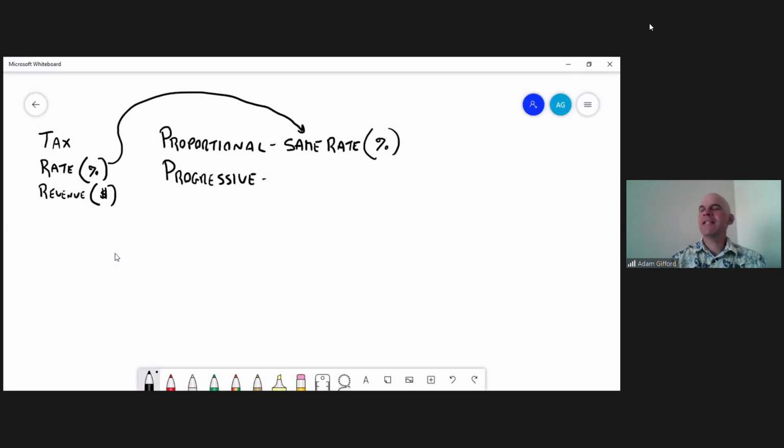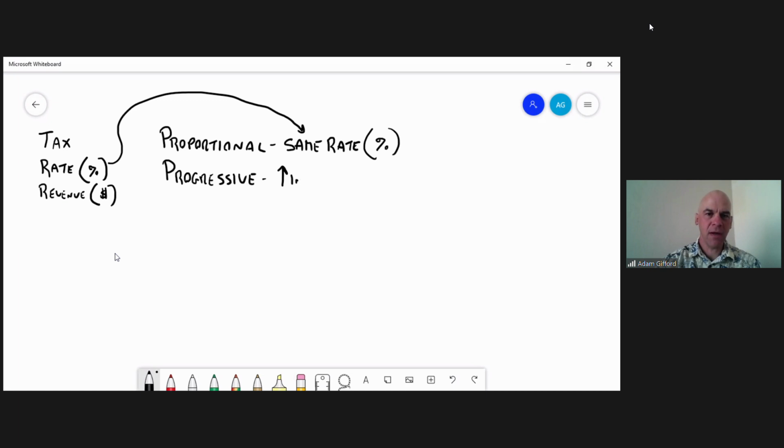Who remembers the definition, not example, but definition of a progressive tax? As income increases, tax rate increases. And vice versa. Cool. So tax rate and income move in the same direction.